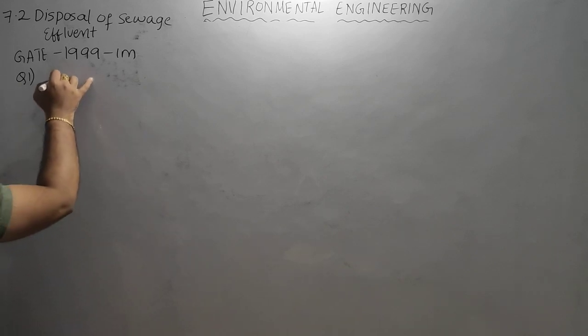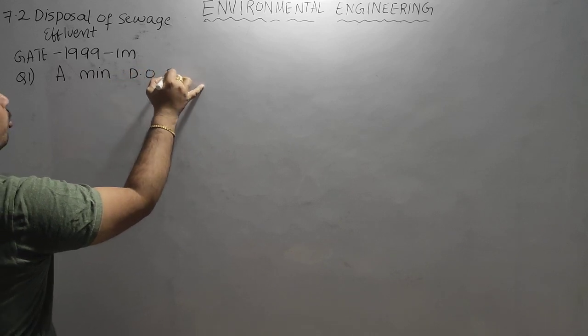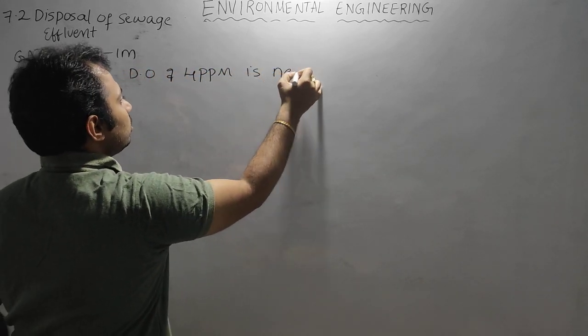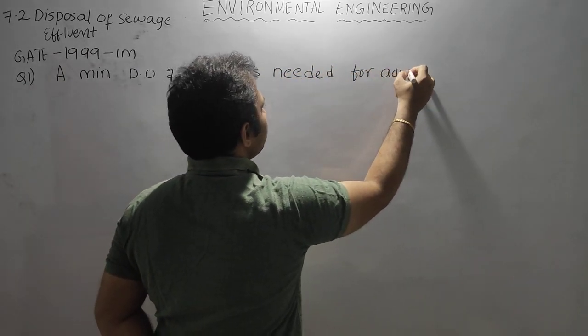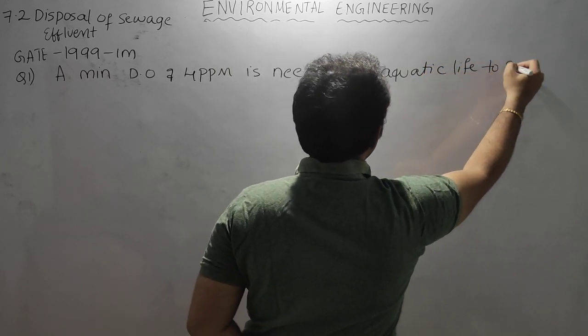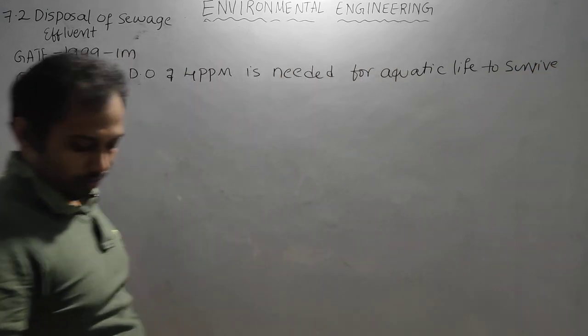So a minimum DO of 4 ppm is needed for aquatic life to survive. So the answer is 4 ppm.